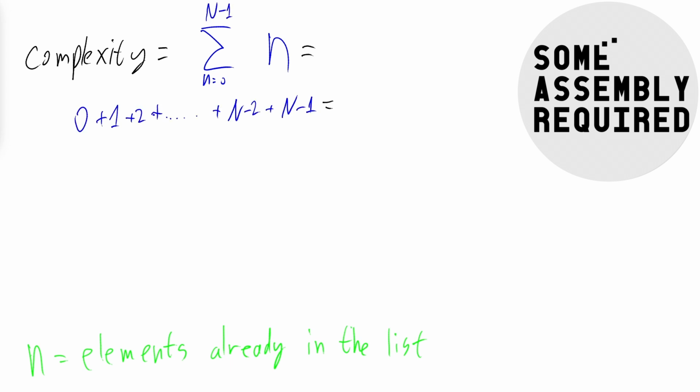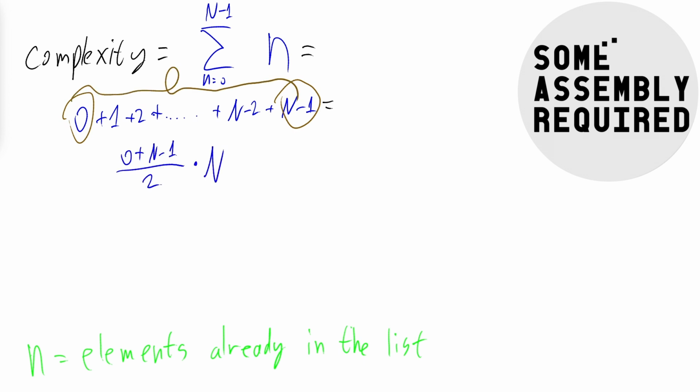The formula for this is the mean between the first and last elements multiplied by the number of elements. In our case, we need to skip 0 elements to insert the first element, and we need to skip n minus 1 elements to insert the last one. So the total number of scans in the worst case is (n squared minus n) divided by 2.